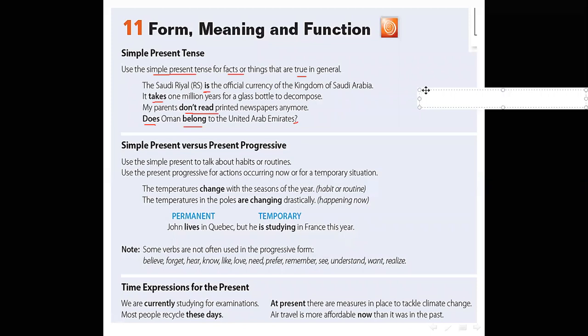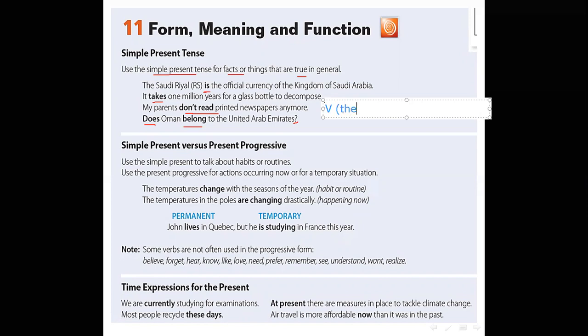The form of the simple present is the verb in the base form for the plural subject, they, you, or we, or I. Or verb plus s for singular subject like he, she, or it.